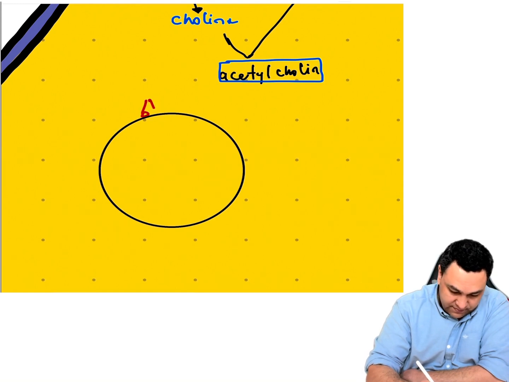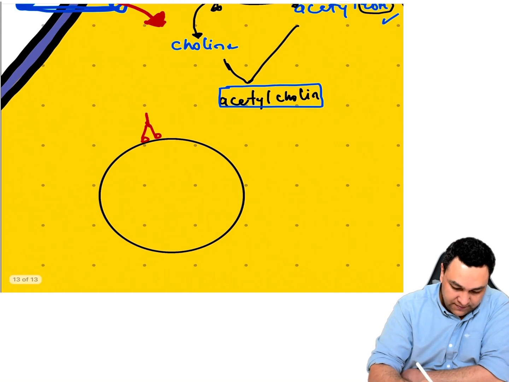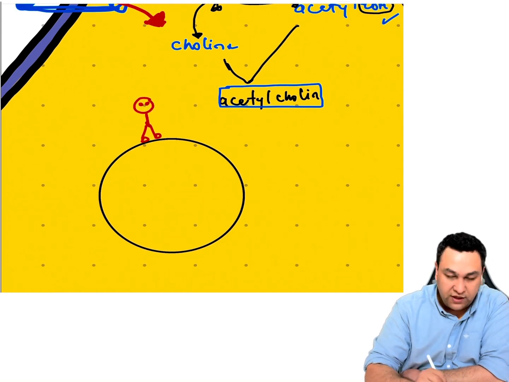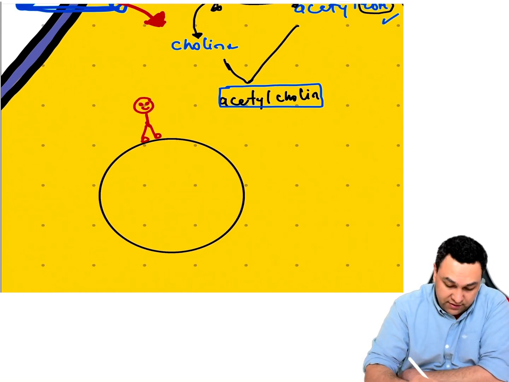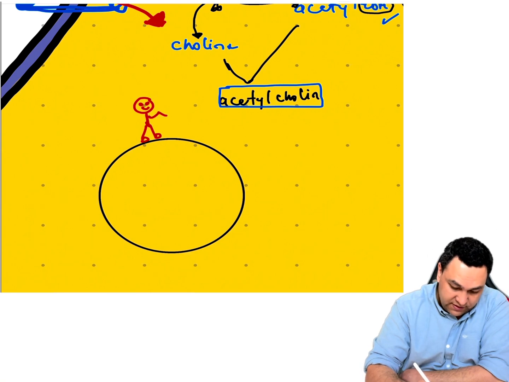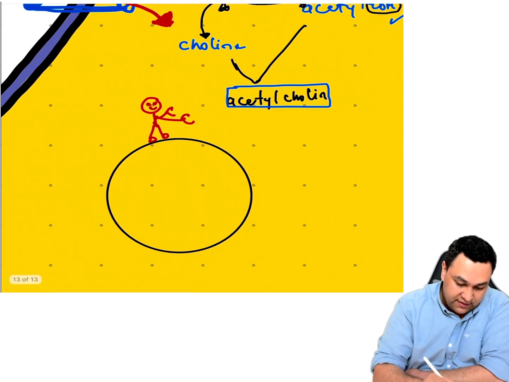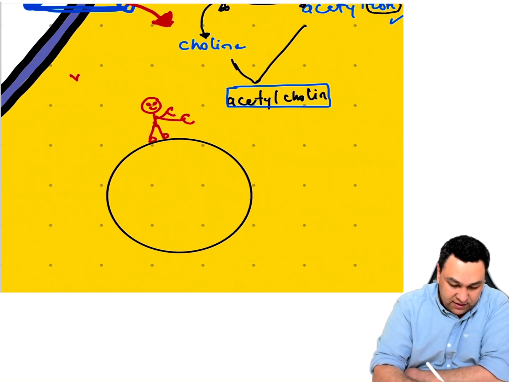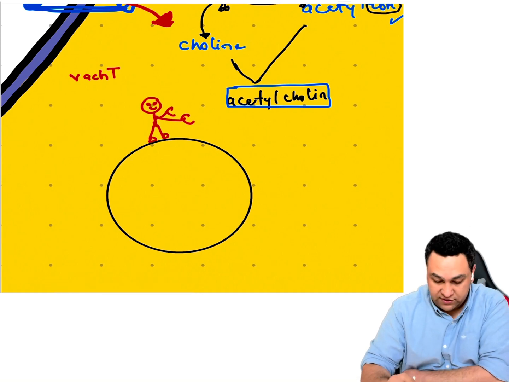These transporters are called acetylcholine vesicular transporters. This transporter is going to take the acetylcholine into the vesicle. Let me name it the vesicular acetylcholine transporter, VAChT.